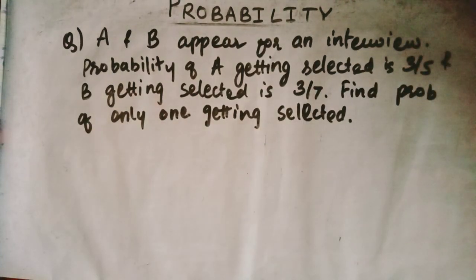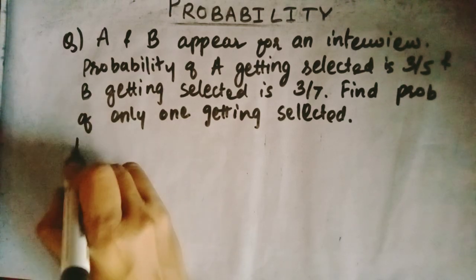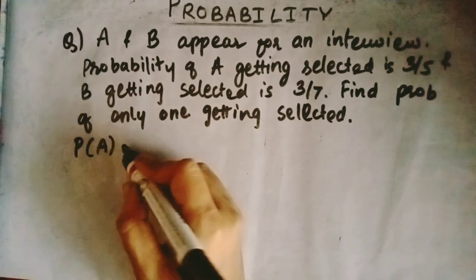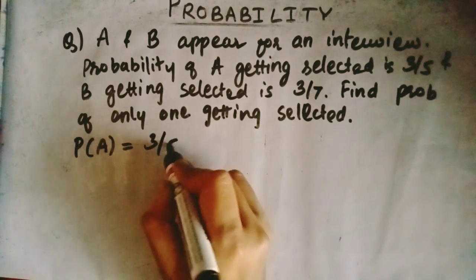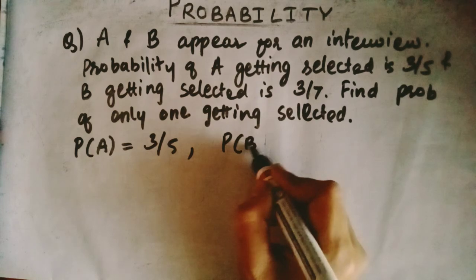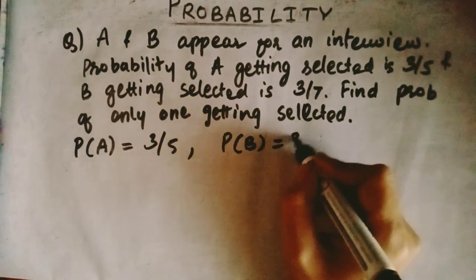So the question is, A and B appear for an interview. Probability of A getting selected is 3 by 5 and B getting selected is 3 by 7. Find the probability of only one getting selected. So we know that P of A is 3 by 5 and P of B is 3 by 7.